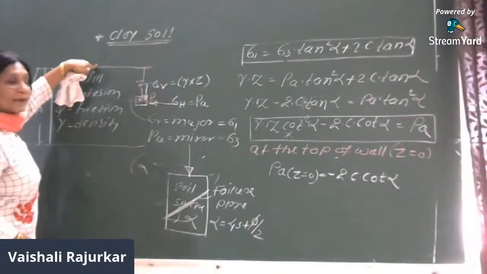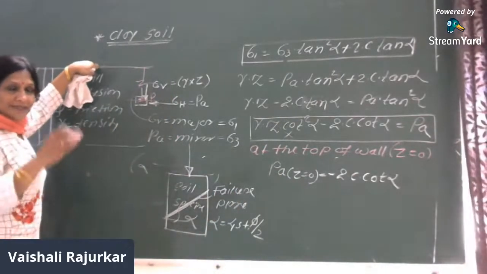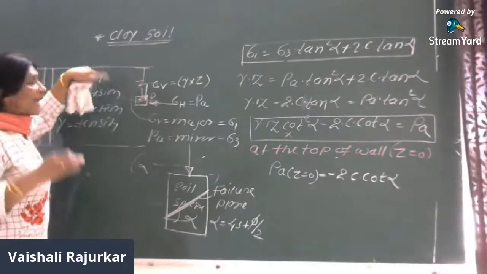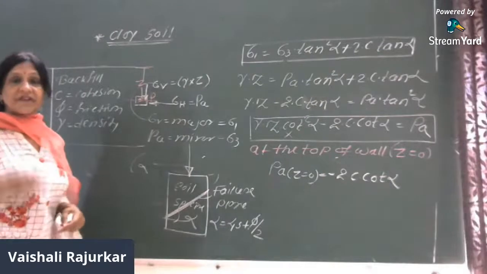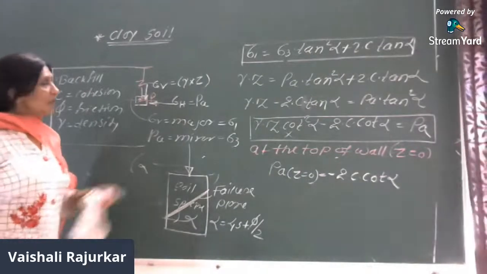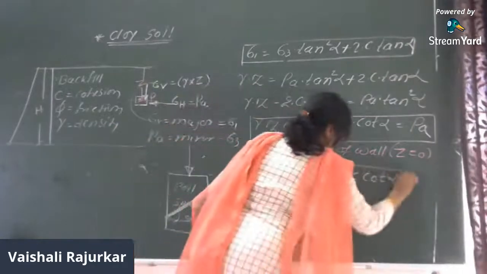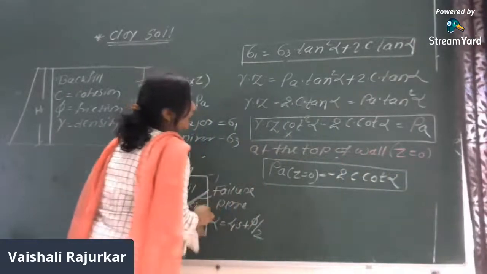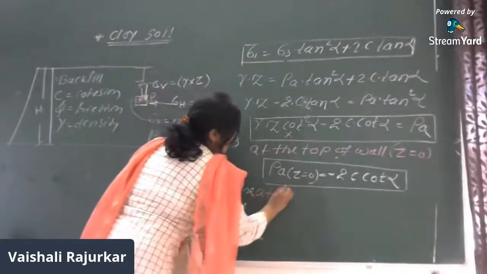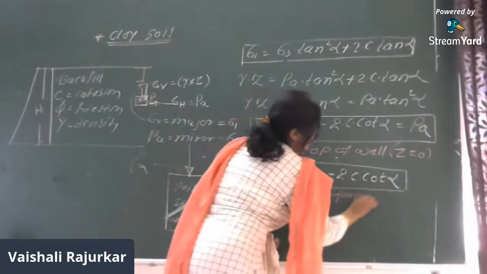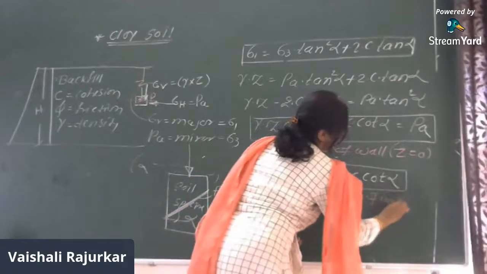Now at the top the pressure is negative, because I earlier said that the pressure in the cohesive soil will act only after ZC distance. So here it will be a negative pressure at the top. Then at the bottom of the wall, what is Z?